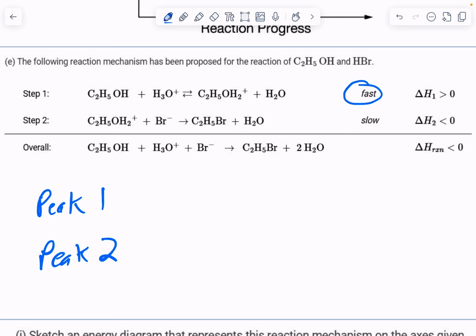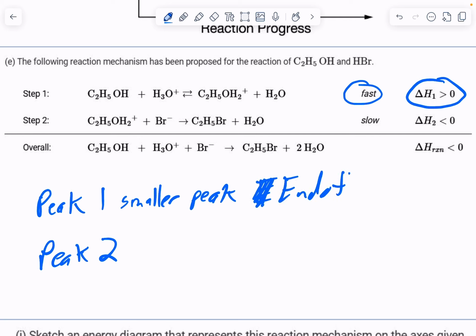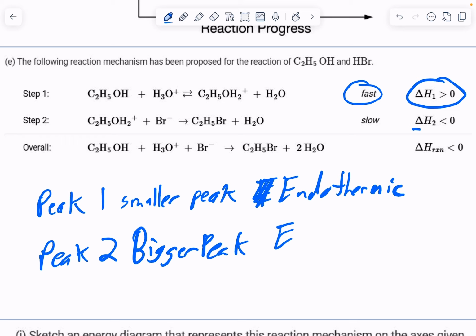It's fast, so it should have a smaller peak, and it is endothermic, so the product's energy is going to end up higher than the reactants. Peak 2 should be the bigger peak, and it is exothermic. It's got a delta H that is smaller than 1, so it's negative, making it exothermic.